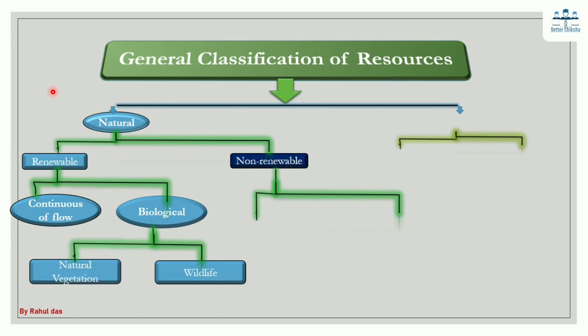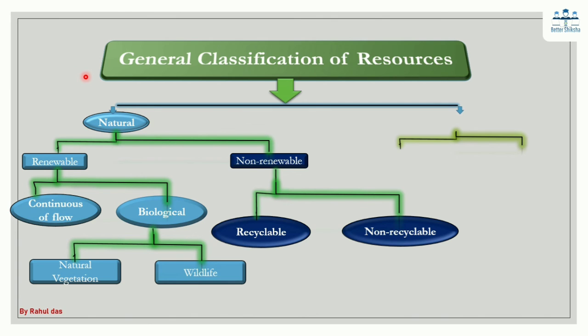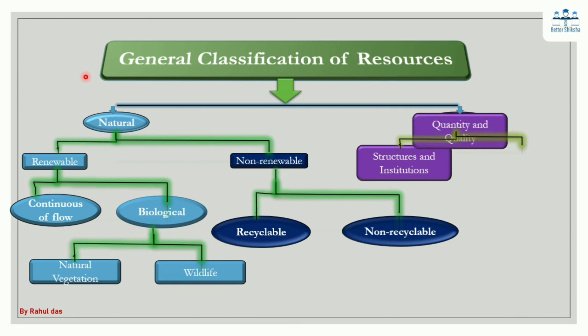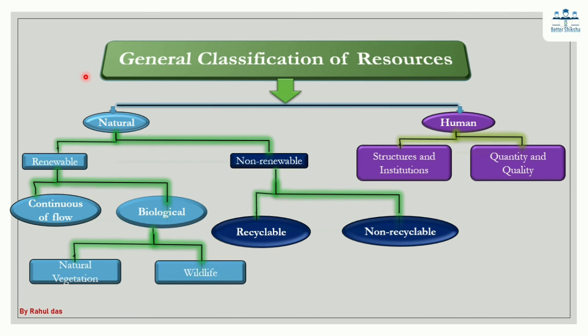The second classification of natural resources is non-renewable, which is further classified as recyclable and non-recyclable. The second major classification of resources is human resources. Here you can see structures and institutions, and the second one is quantity and quality. We'll be reading about these resources in more detail in upcoming lectures.